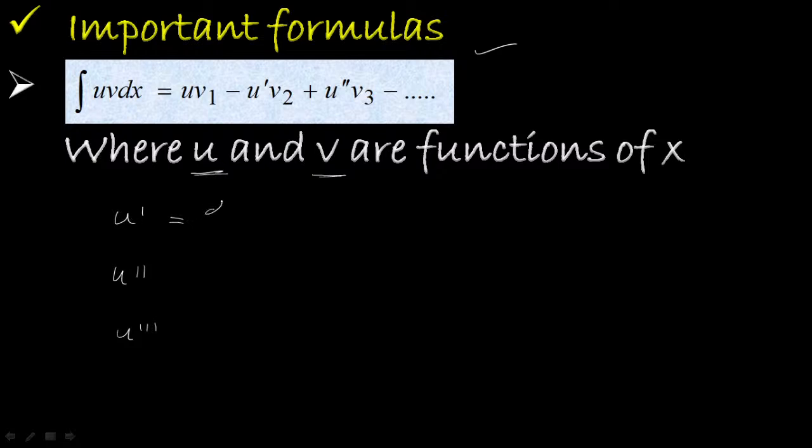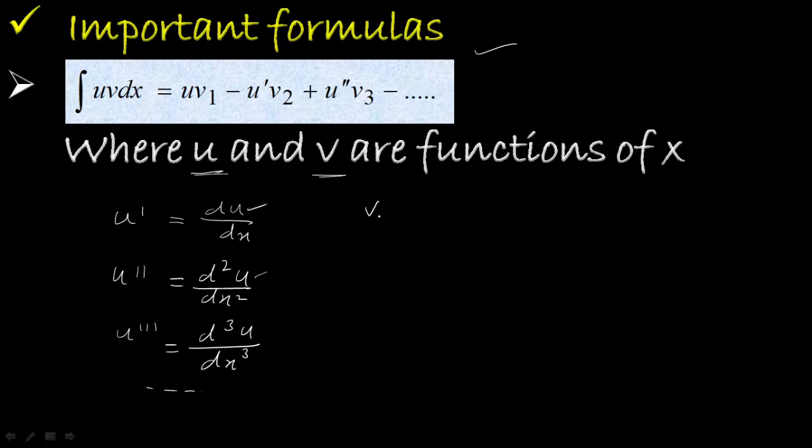So u dash is du by dx, u double dash is d square u by dx square, and u triple dash is d cube u by dx cube, etc. These are all successive derivatives of u.